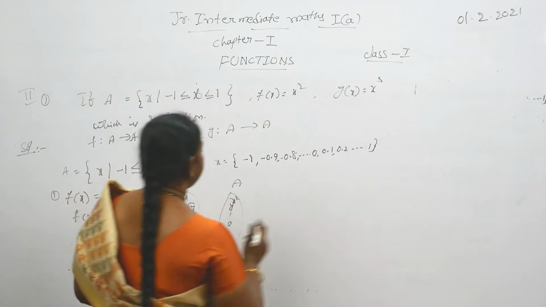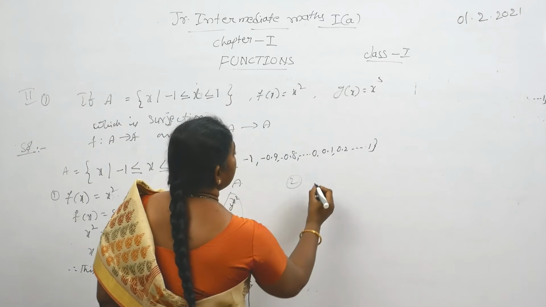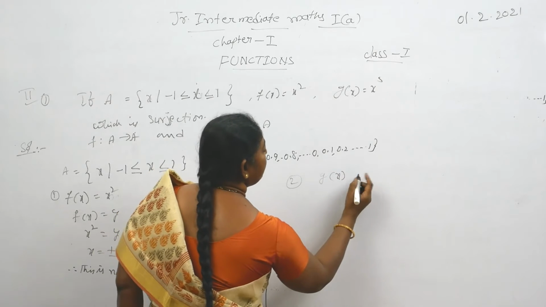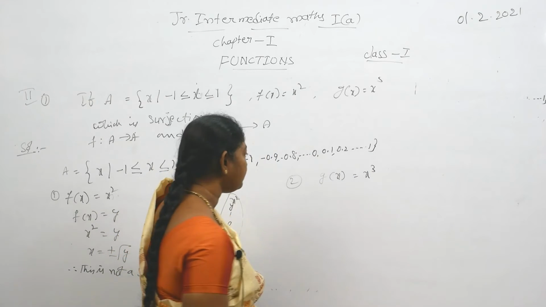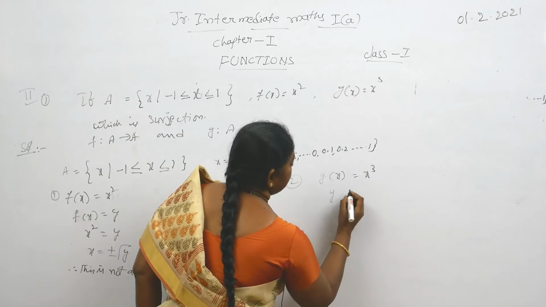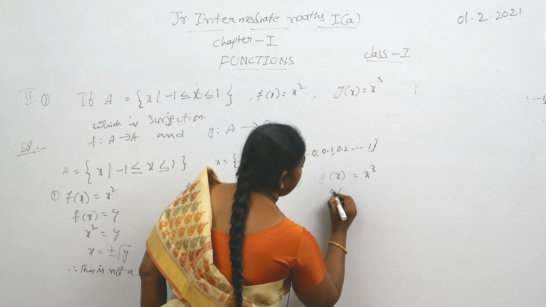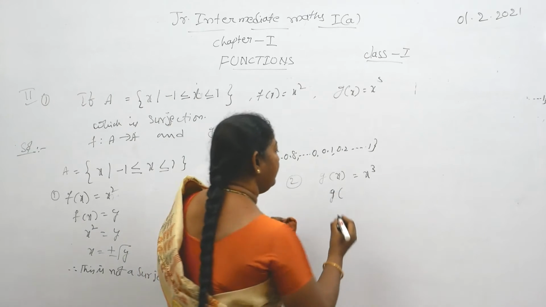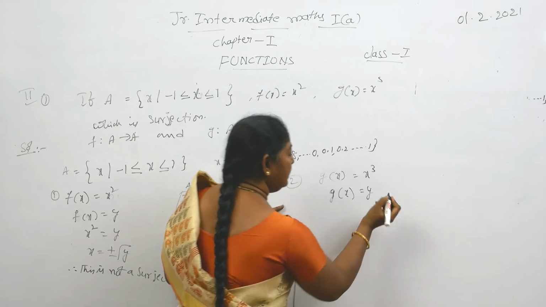Next point, g of x equal to x cube. Surjection means g of x equal to y.